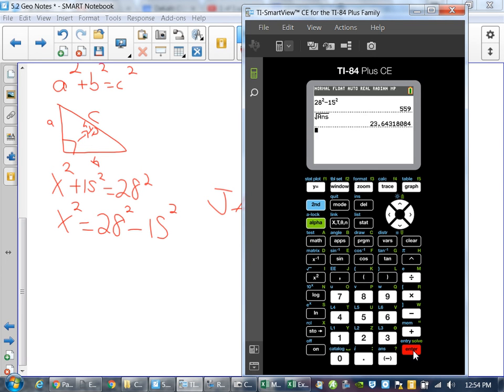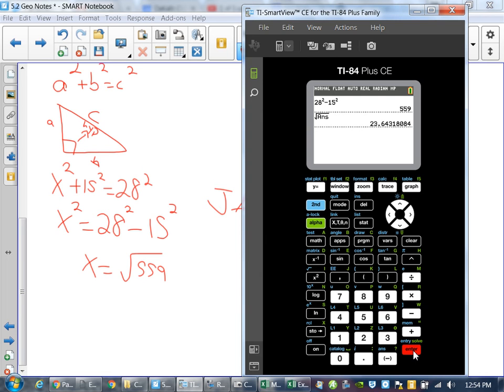Your calculator probably says square root of 559, doesn't it? Or does it give you a decimal? It probably doesn't give you the decimal. Did it give you the decimal, or did it say 559? Okay. So what happens here is that your calculator, this multi-view, is giving you the answer x equals the square root of 559. Now, it depends on how it asks you.